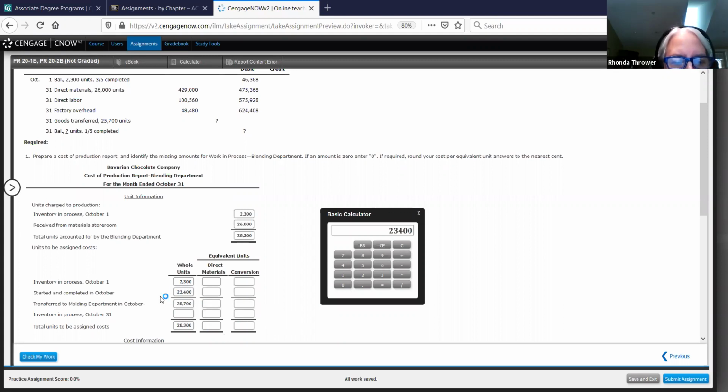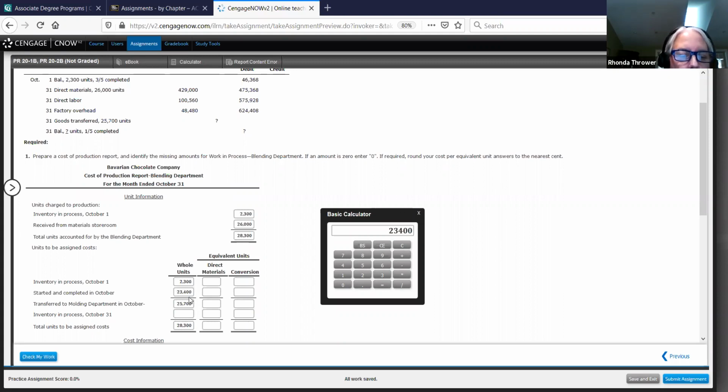Again, I had to find my started and completed units. And what we're doing is what we know that we took out of the work in process at the end of the period, what we transferred out, what we finished during this period of time was 25,700. Out of the 25,700 units that we finished this period, 2,300 of them came from last period.